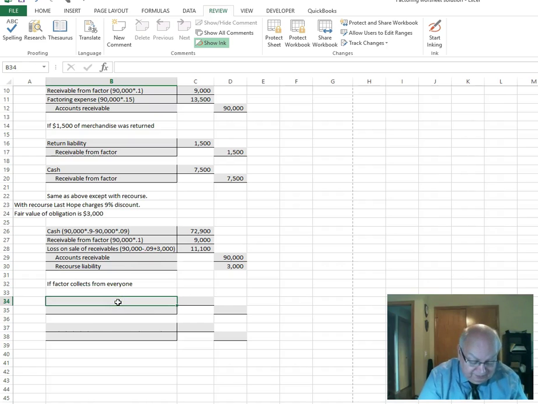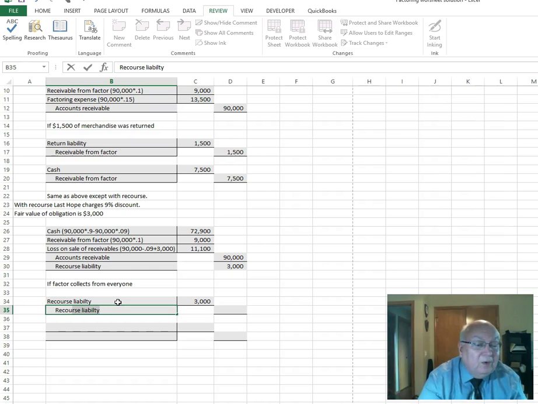If the factor collects from everyone, we will debit the recourse liability for the $3,000, and we will credit recourse.